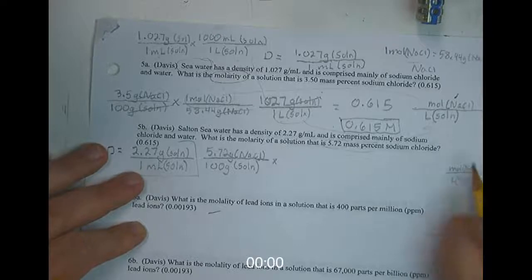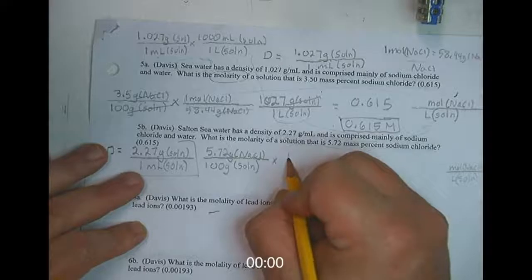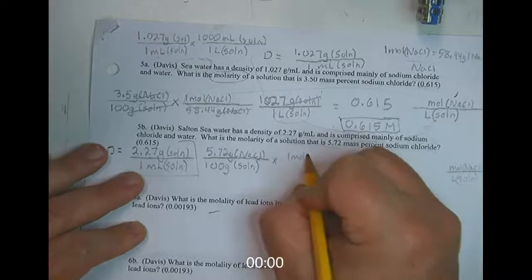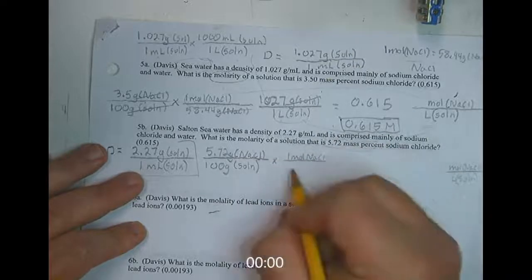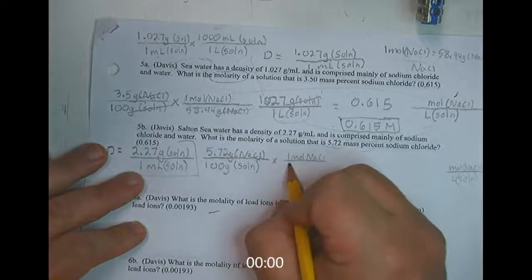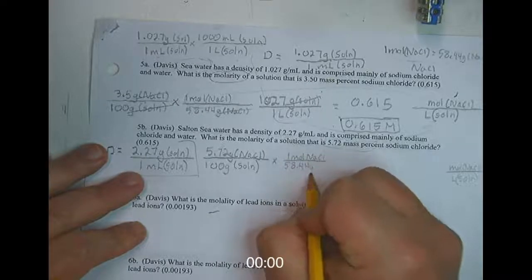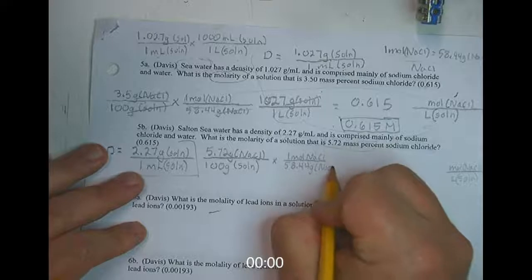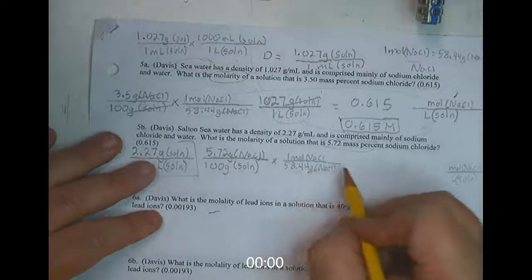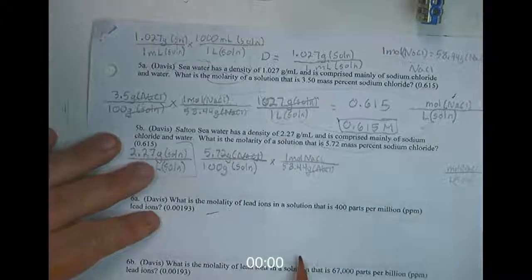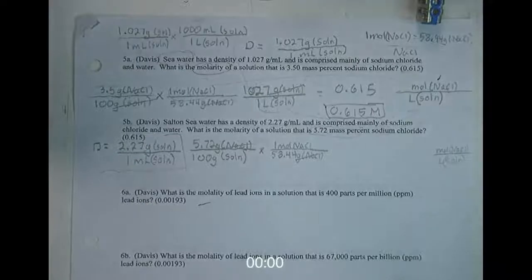So let's take care of converting grams of NaCl to moles of NaCl, and that's going to be 1 mole for every 58.44 grams. Okay, so grams of NaCl cancels. We have moles of NaCl, that's what we want on the top over here, so that's all good.